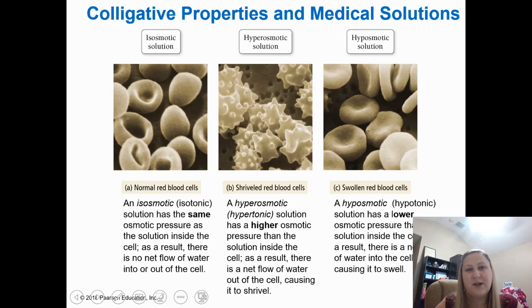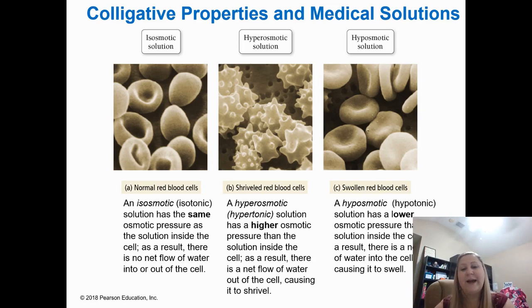And here are just some examples of colligative properties in the medical world. Isosmotic or isotonic means it has the same pressure inside and outside, and that's healthy red blood cells. Those shriveled red blood cells are called hyperosmotic or hypertonic.